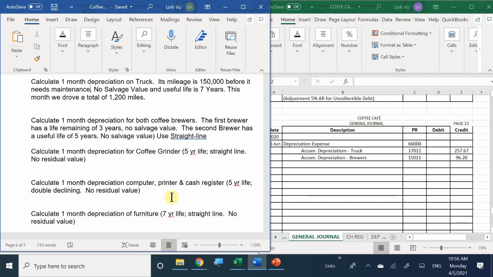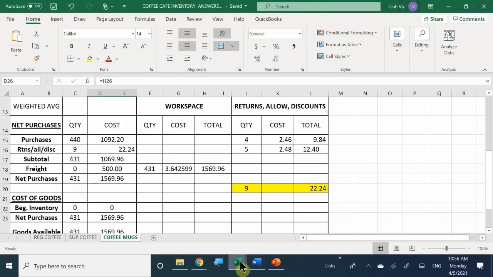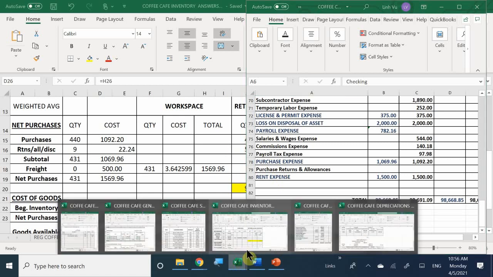So what's next? I have to do the depreciation. I have to calculate 1 month's depreciation for the coffee grinder. Same thing, 5 years, straight line and no salvage value. So back to my depreciation table here. Okay, I keep clicking the wrong one.